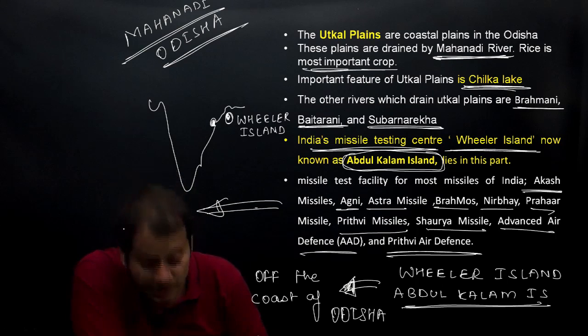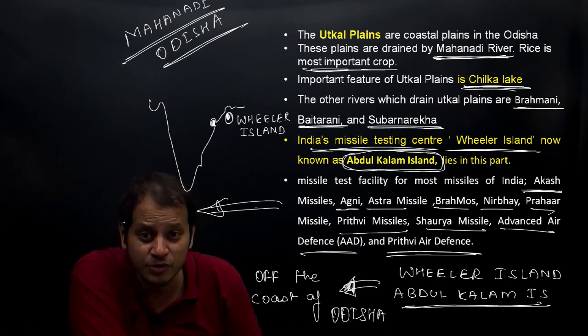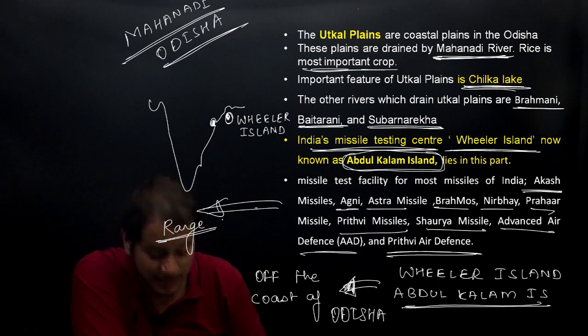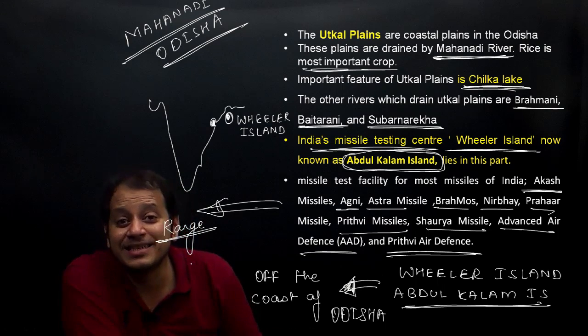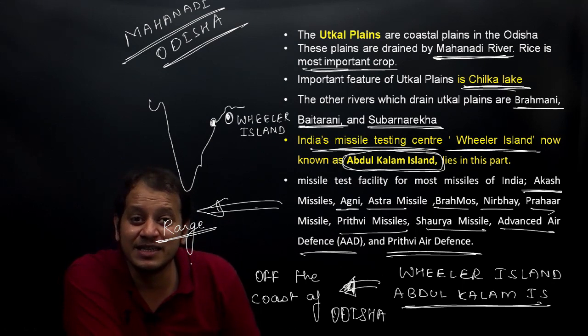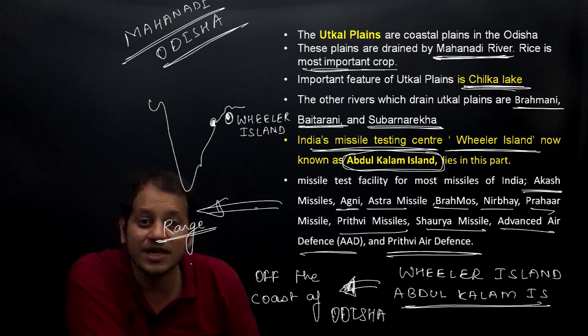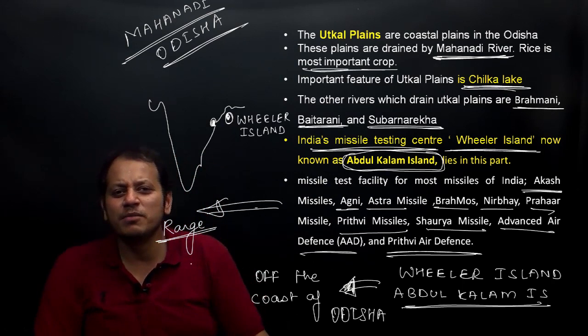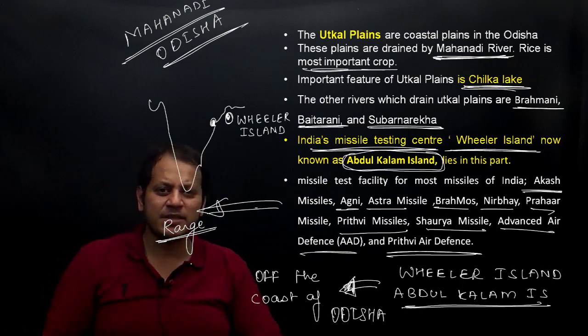Though it is not related to geography, study the range of each missile, and whether it is a surface to surface missile, a surface to air missile, or an anti-tank missile. Study the range and use of these missiles in detail. That will cover some of the questions in the preliminary examination and also in the interview. I don't think too many missile questions come in the mains examination.